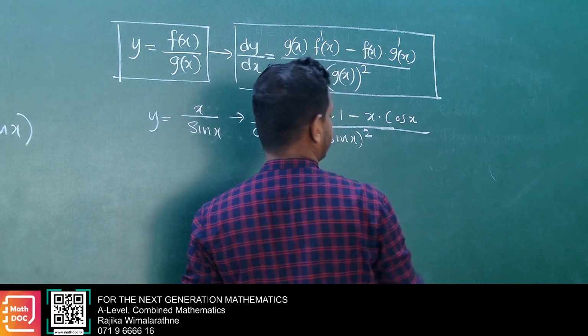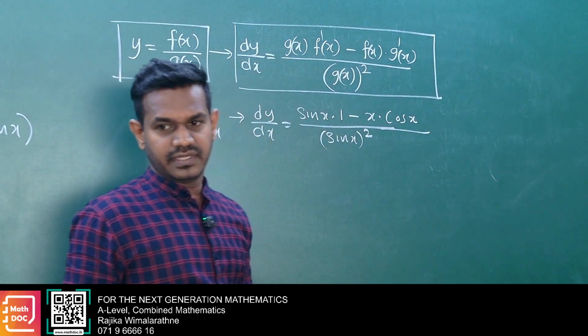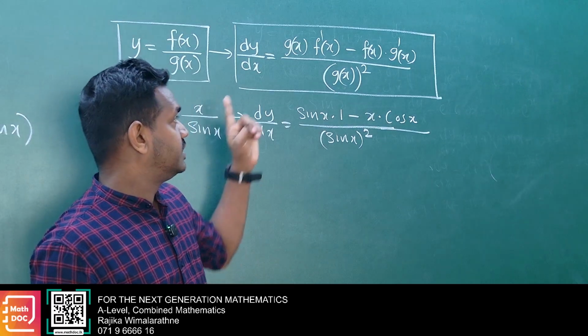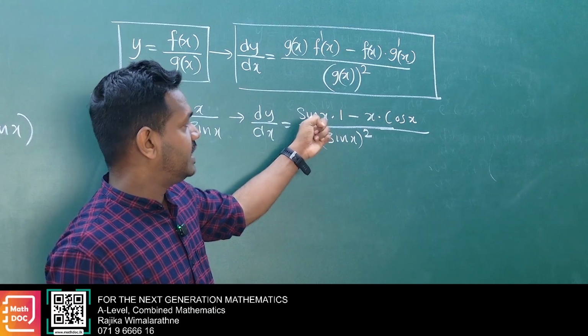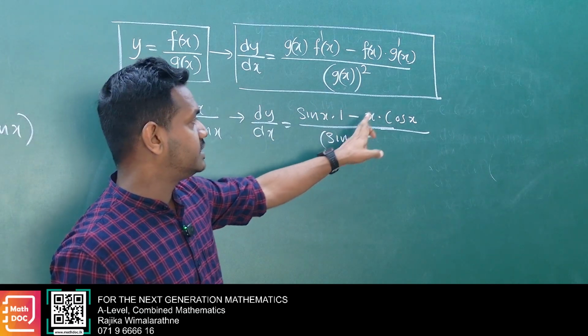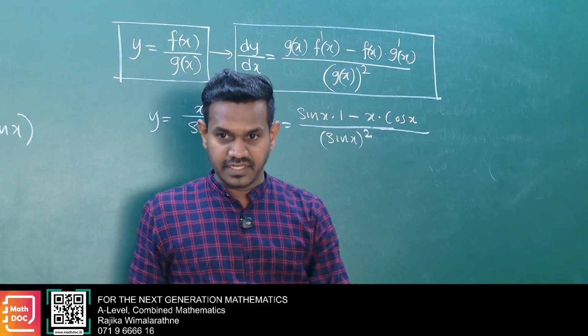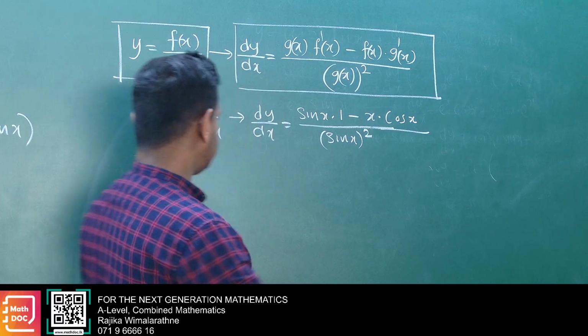That's how we do. This is the rule: if you have division, denominator square, denominator times derivative of numerator minus numerator times derivative of denominator.